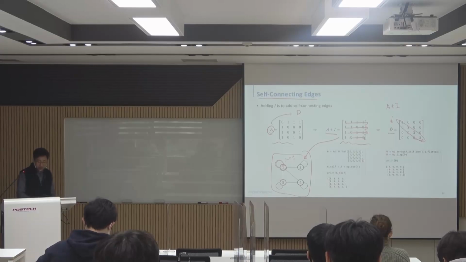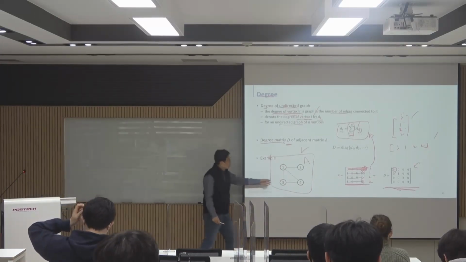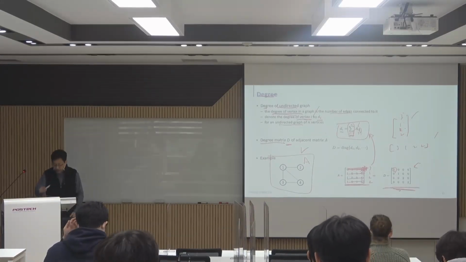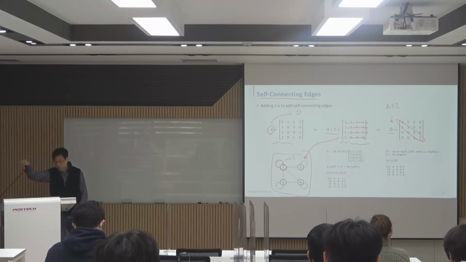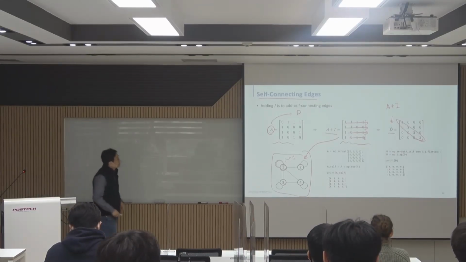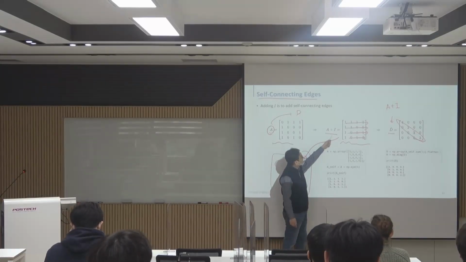Let me say it again. In the drawing of the graph, the only difference is that we add self loops for each node. For the adjacency matrix, suppose this is the original one, we just add the identity matrix.